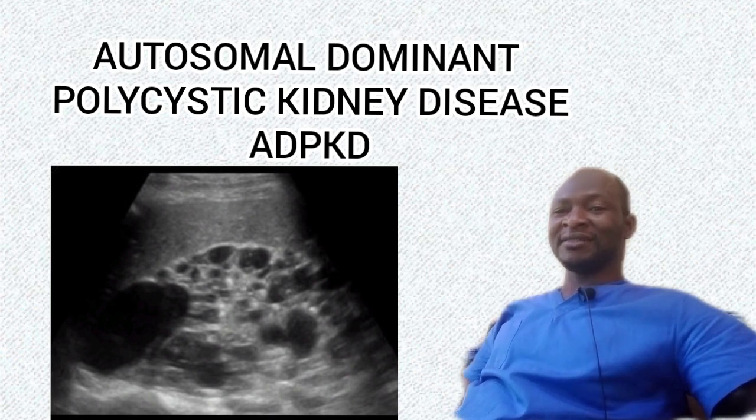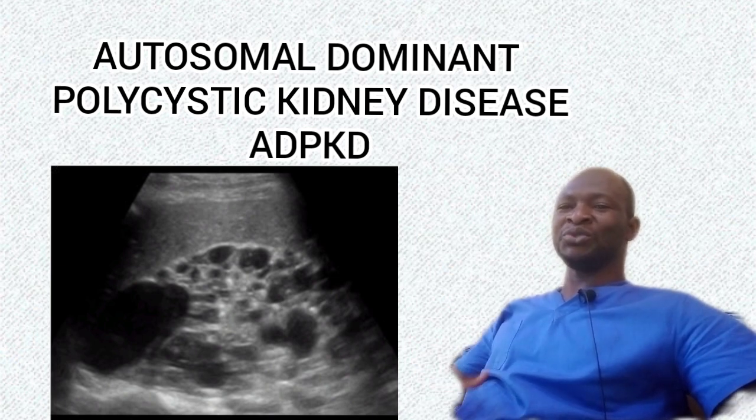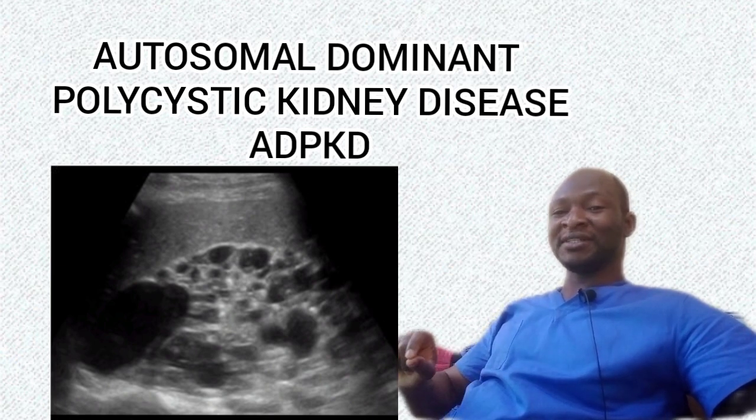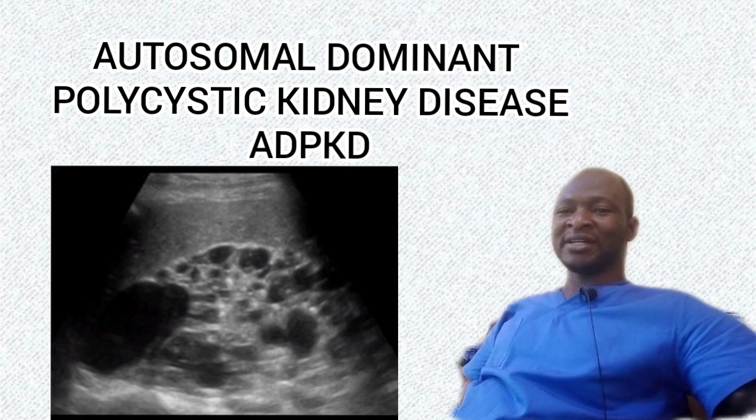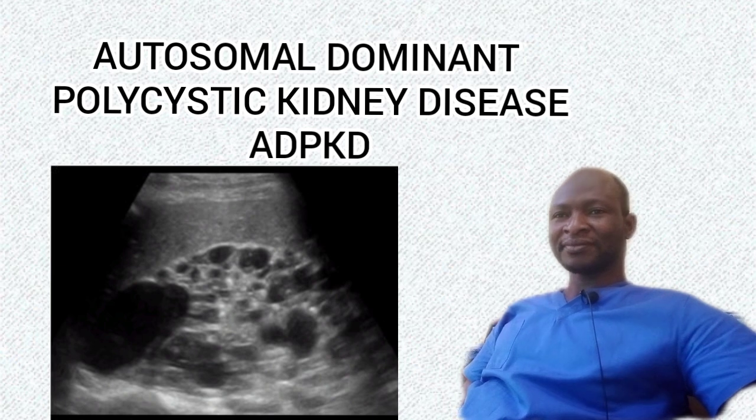In their 30s or thereafter, the patient will develop numerous cystic lesions in both enlarged kidneys. It progresses slowly, eventually distorting the normal renal architecture with loss of corticomedullary differentiation.